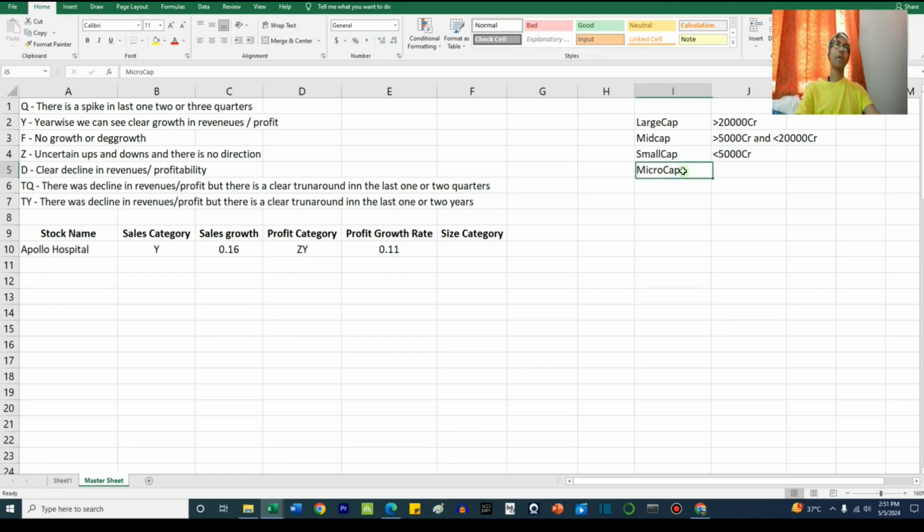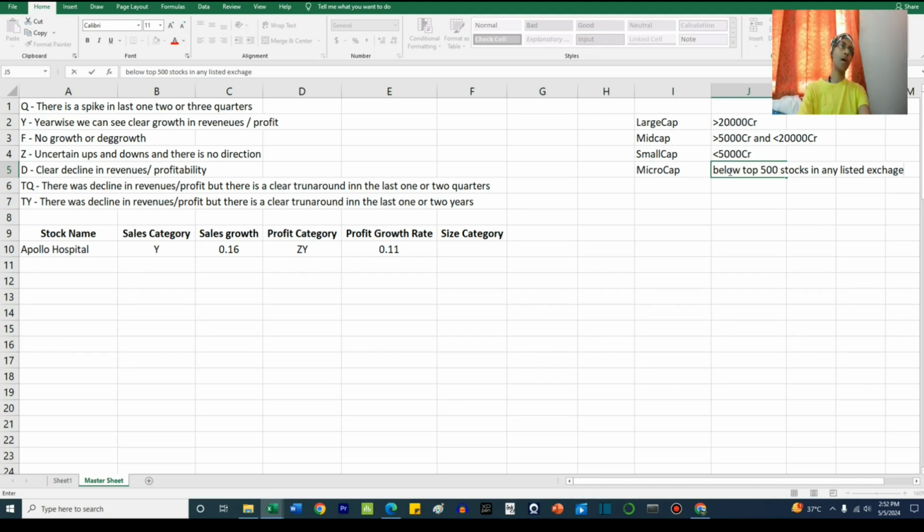Now there is some ambiguity regarding the definition of micro cap. For a portion of its definition, it collides with the definition of small cap. So there are two ways in which micro cap is represented. One is below top 500 stocks in any listed exchange. Right?